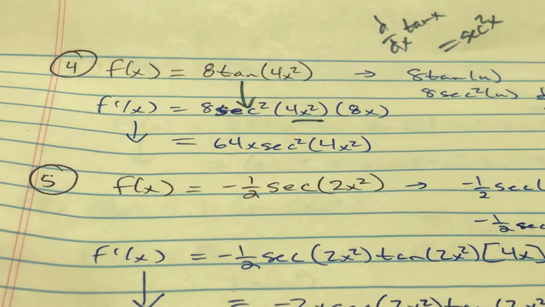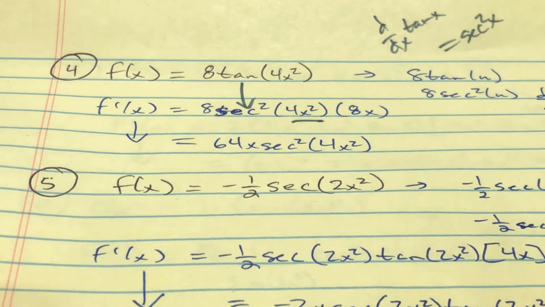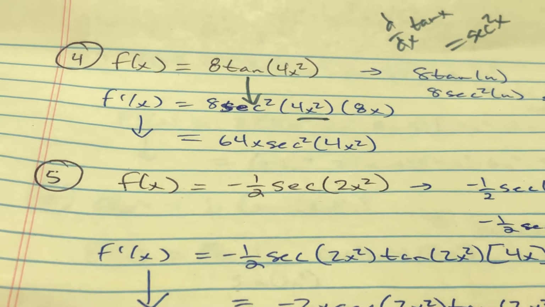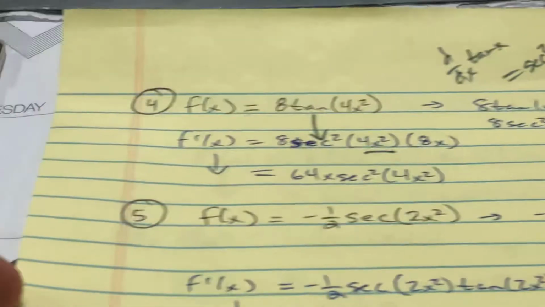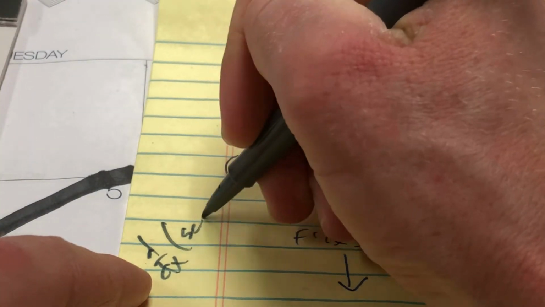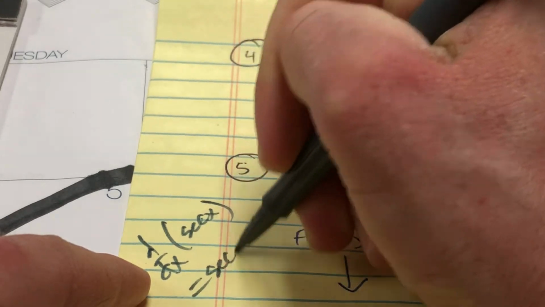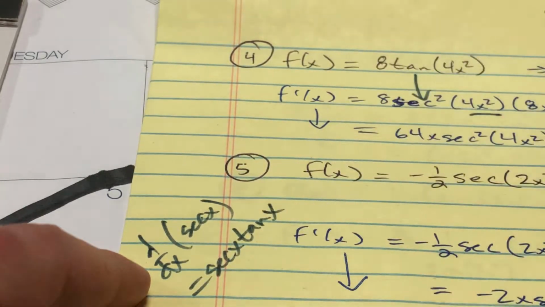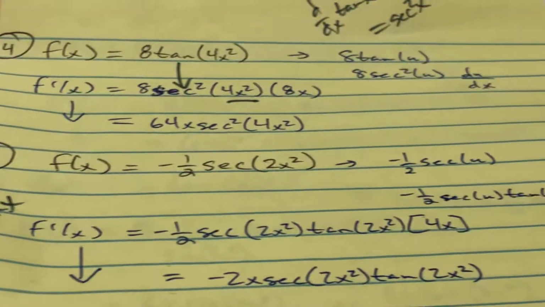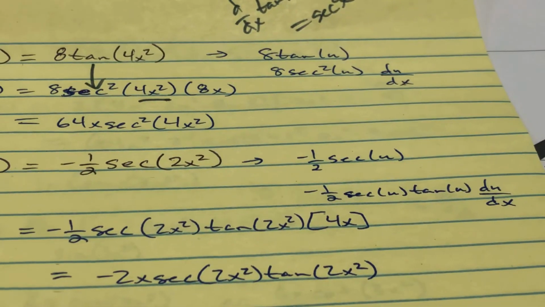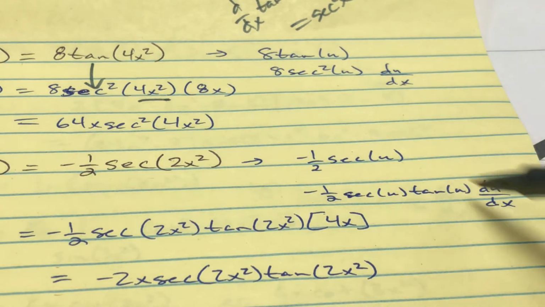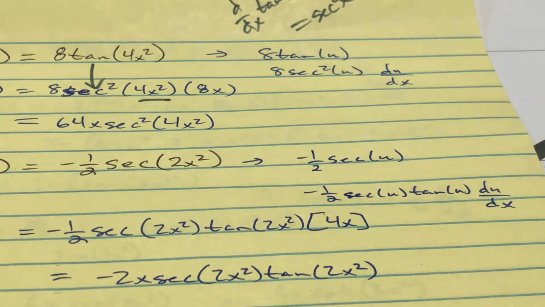All right, so negative 1/2 secant u. First off, derivative of secant is secant x tangent x. So the derivative of secant u would be secant u tan u, and then the derivative of that u with respect to x.